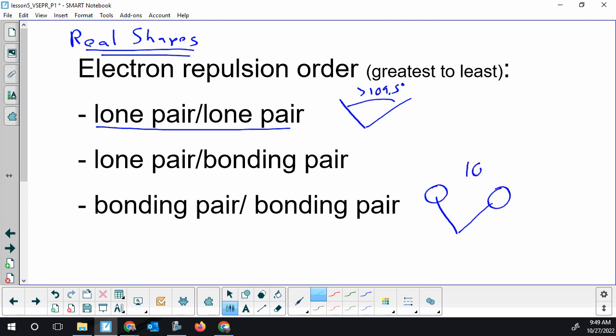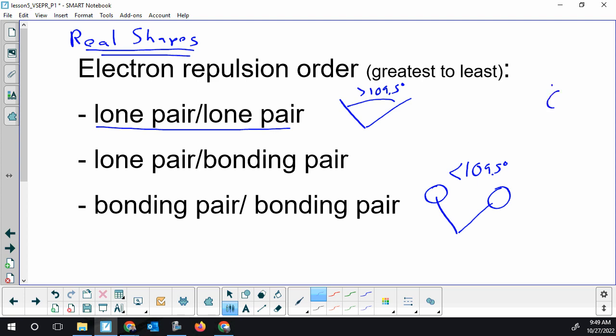We would expect 109.5 degrees from VSEPR, but the real bond angle is slightly less than 109.5. Okay. The middle can be hard to predict, but the lone pair more than expected, bonding pair less than expected, if there's lone pairs. Okay. If there are no lone pairs, we don't have to worry about any of this.